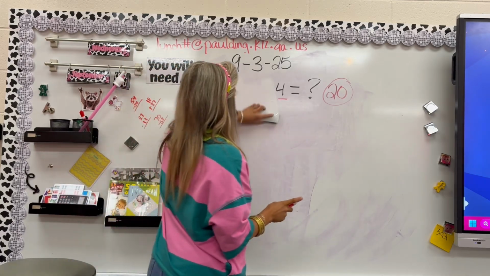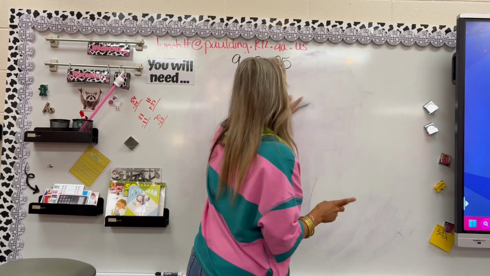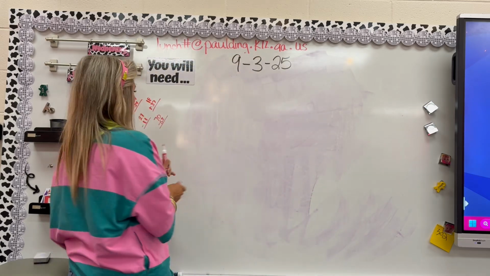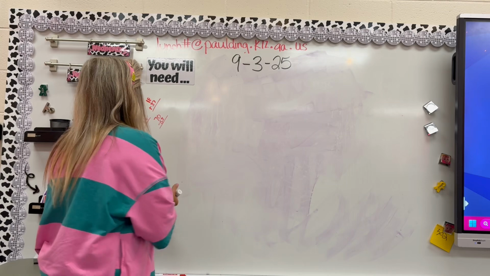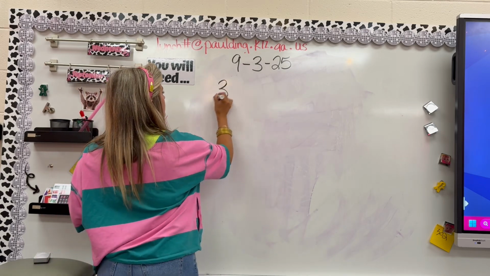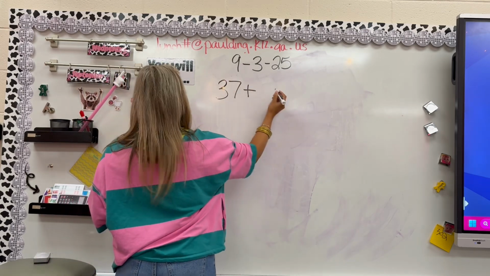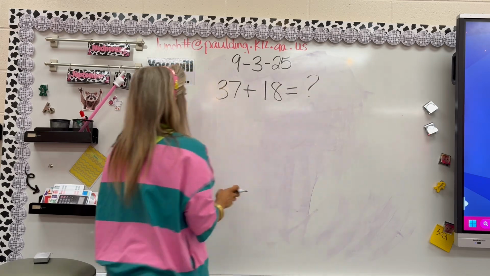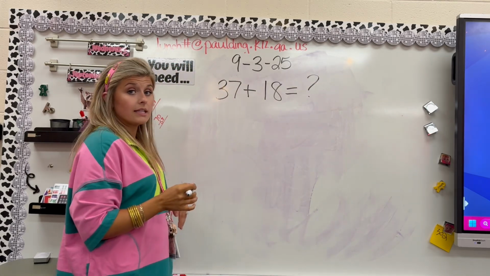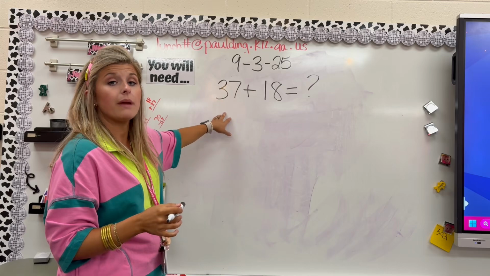And then for adding, we'll do 37 plus 18 equals, we don't know yet. Just like in the last one, we're going to build this number with base 10 blocks.